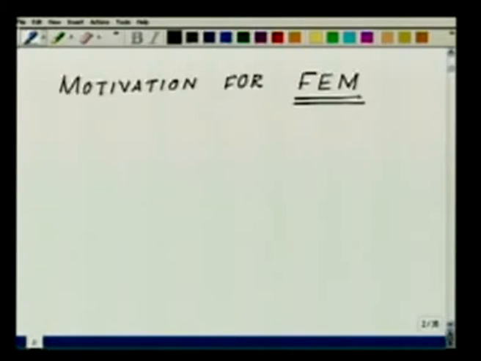Now, one thing that we had consistently followed was the regime of the Rayleigh-Ridge approach. That is, we had minimized an energy functional to obtain the coefficients of the series solution. Here we are going to change track a little bit, and we are not going to always try to derive the sets of equations from the minimization of an energy functional, because in many engineering problems, an energy functional or a corresponding functional may not exist.